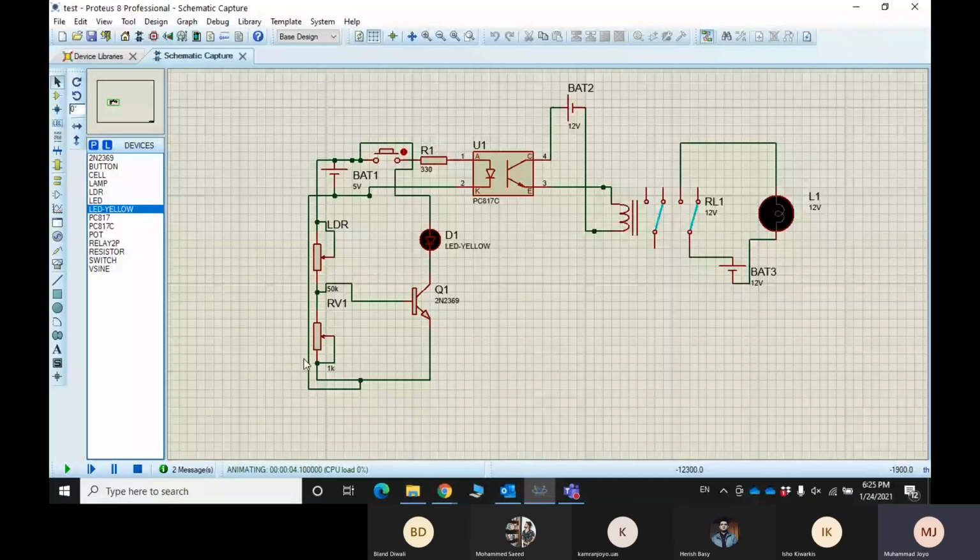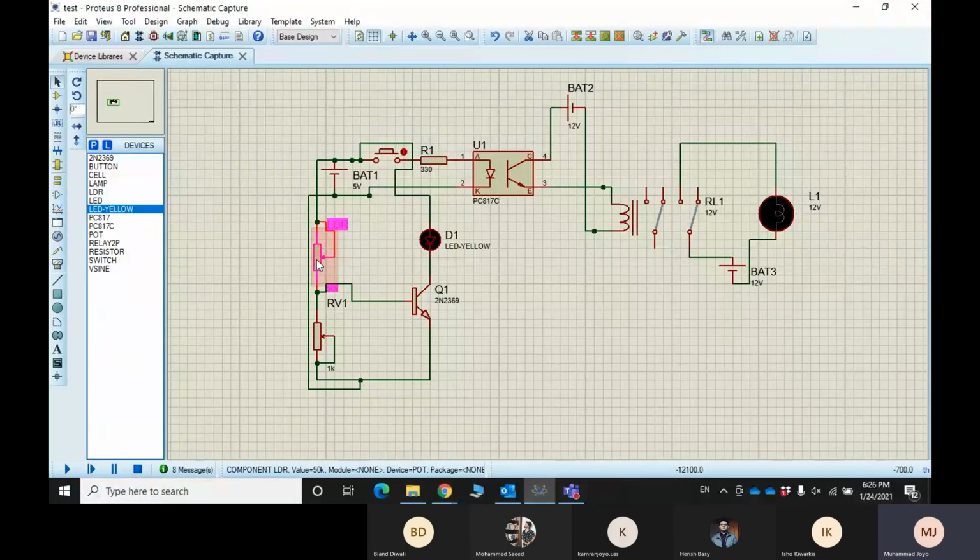So what I have achieved over here is that this variable resistor is for setting the sensitivity, and this is the LDR sensor. When there is no light, the resistance is maximum, 50K. Whenever there is light, the resistance reduces to its minimum level.